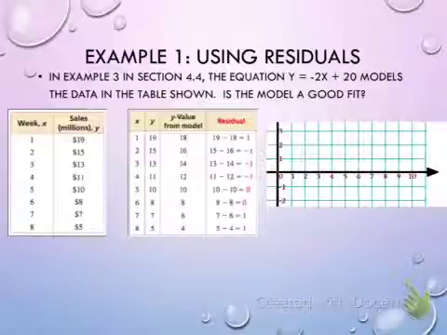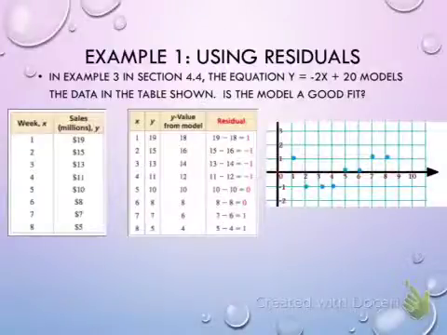So it would be 1, 1. 2, negative 1. 3, negative 1. 4, negative 1. 5, 0. 6, 0. 7, positive 1. And 8, positive 1. So the points are dispersed about the horizontal axis. So the equation y equals negative 2x plus 20 is a good fit.